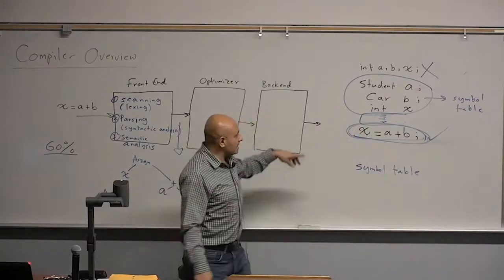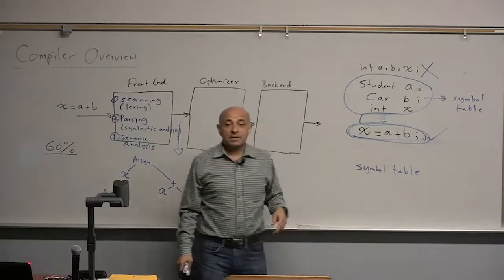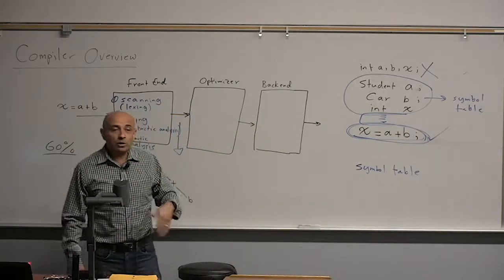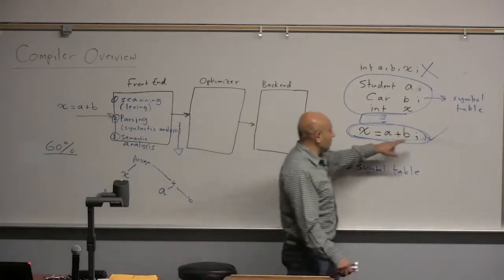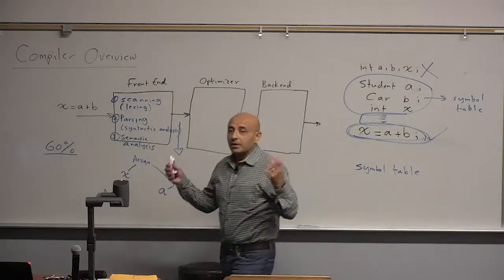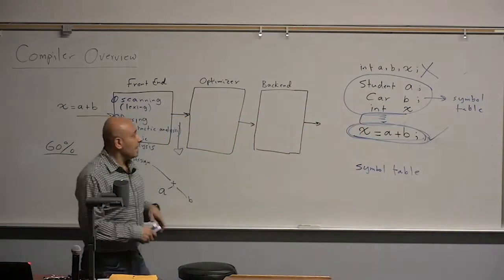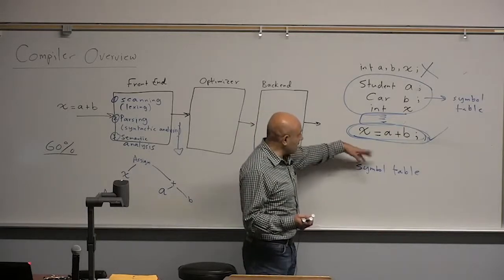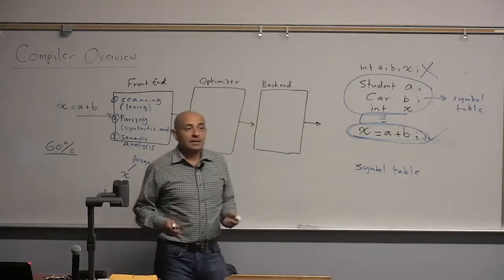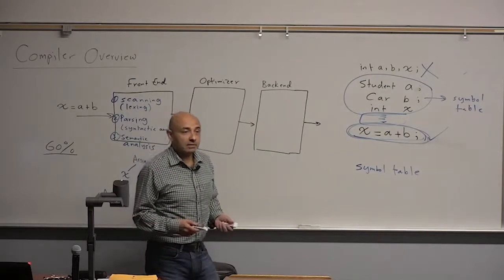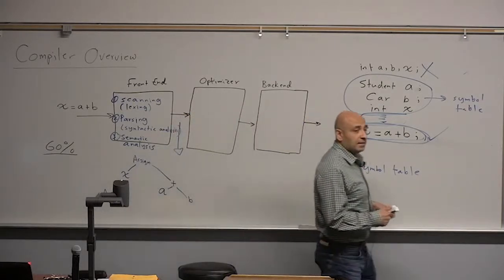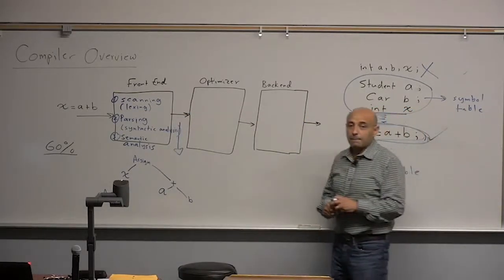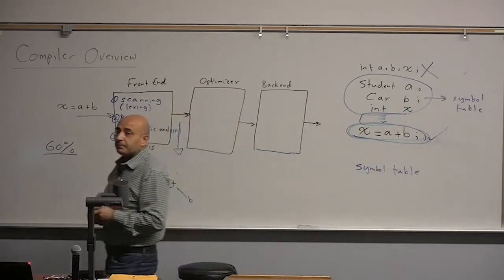And then when this variable is used, the compiler is going to look up that variable in the symbol table and see what type of variable that is. Based on those types, it will be able to decide whether this statement is semantically correct or not, whether this statement is meaningful or not. Okay?